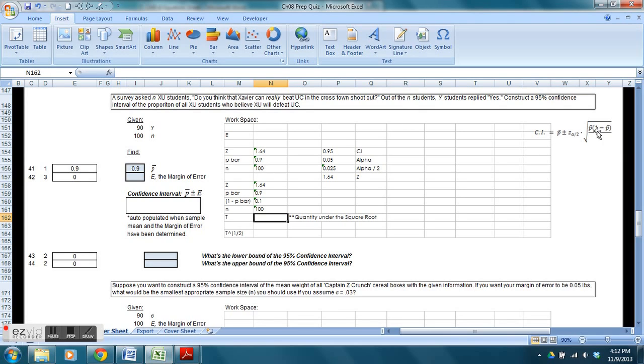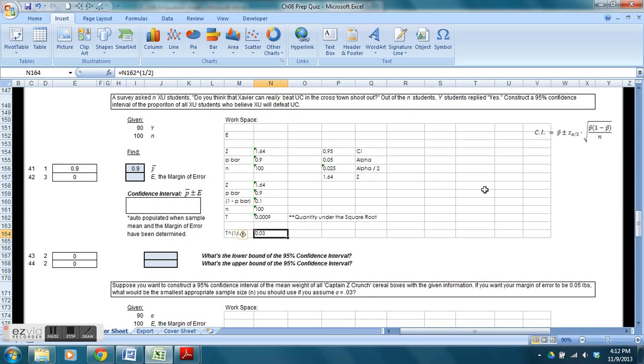which I use t to represent everything under here. So that's going to be equal to p bar multiplied by the 1 minus p bar divided by n. Now we have to take that entire quantity and take that to the 1/2 power.